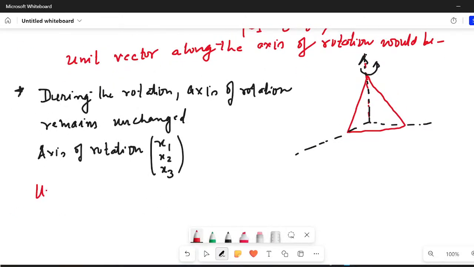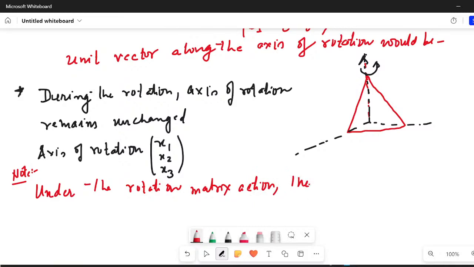Under the rotation matrix transformation, or you can say rotation matrix action, the rotation axis remains the same.